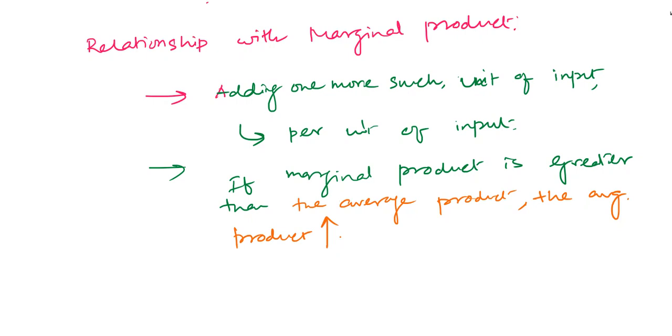And conversely, if the marginal product is less than the average product, then the average product is decreasing.